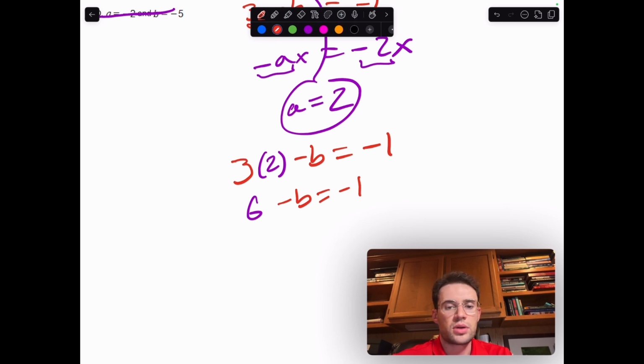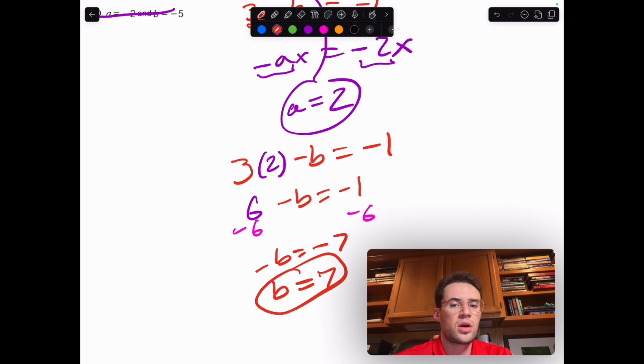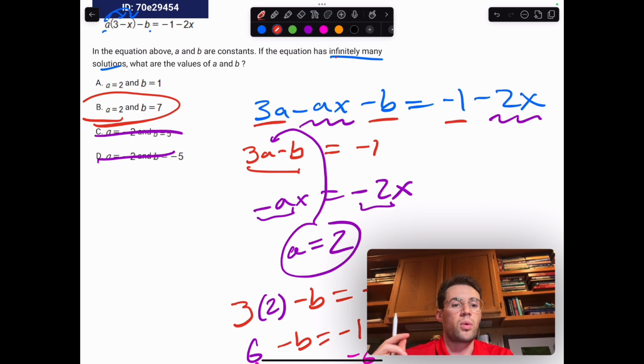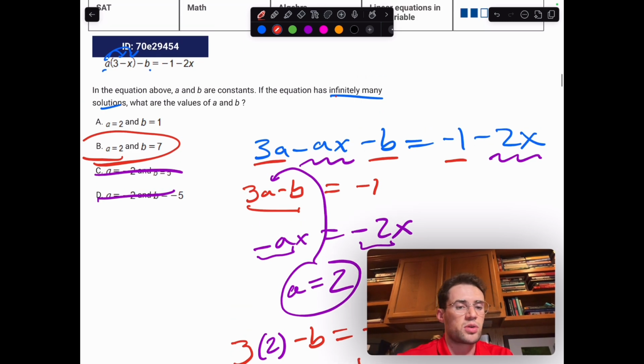To get b alone, subtract 6 from both sides, which gives us negative b equals negative 1 minus 6, which is negative 7, so b would be 7. So a should be 2, b should be 7. That's option B.